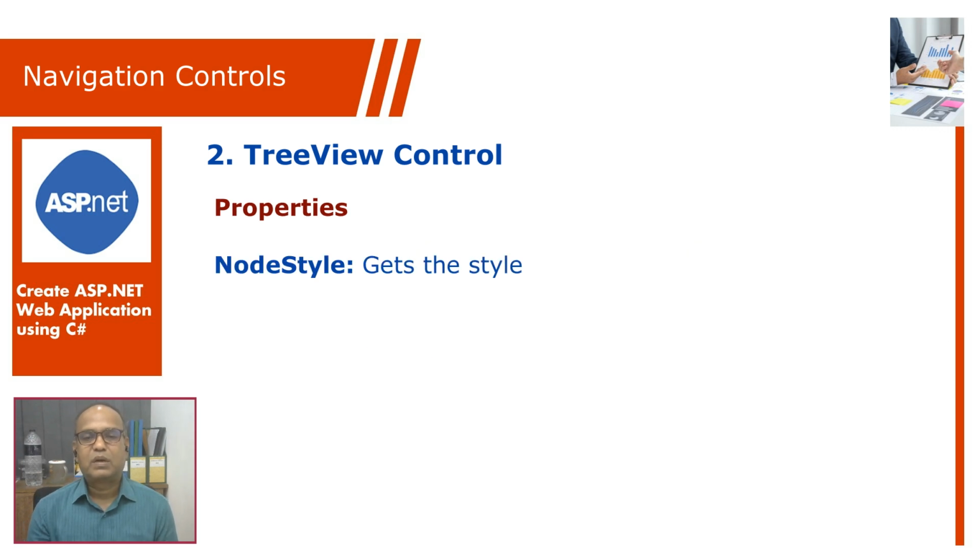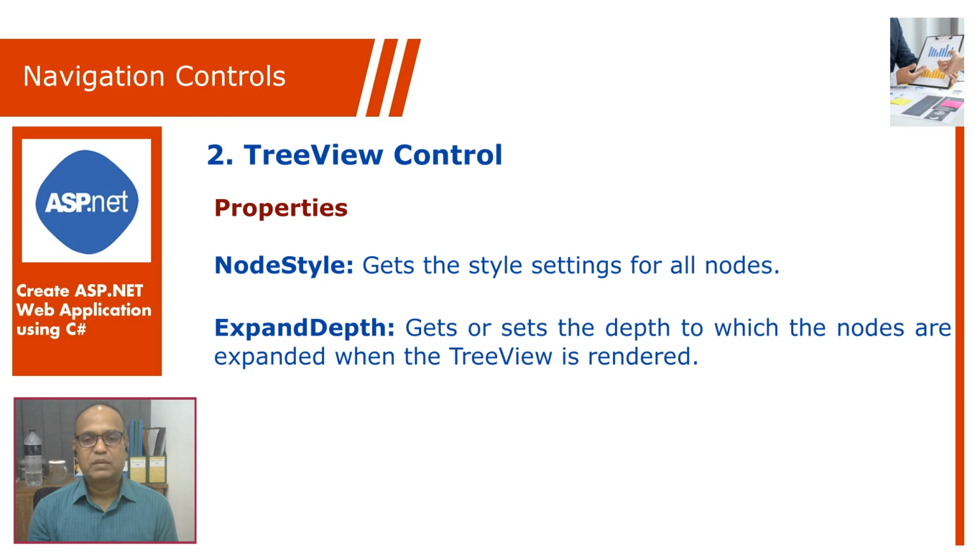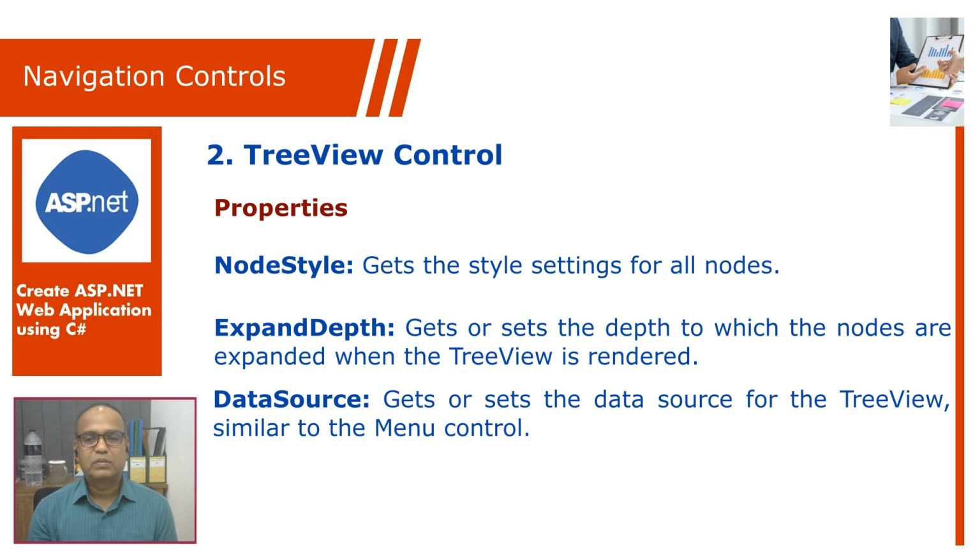Node style gets the style settings for all nodes. Expand depth gets or sets the depth up to which the nodes are expanded when the tree view is rendered. Data source gets or sets the data source for the tree view, similar to the menu control.